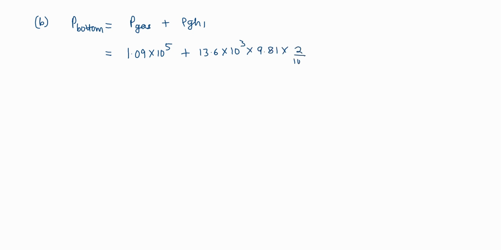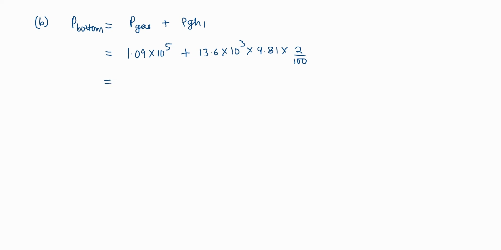So pressure at the bottom is equal to pressure due to gas plus rho g h1. The pressure due to gas we evaluated as 1.09 × 10^5 plus 13.6 × 10^3 into 9.81 into 2 centimeter, that is 2 by 100 meter.